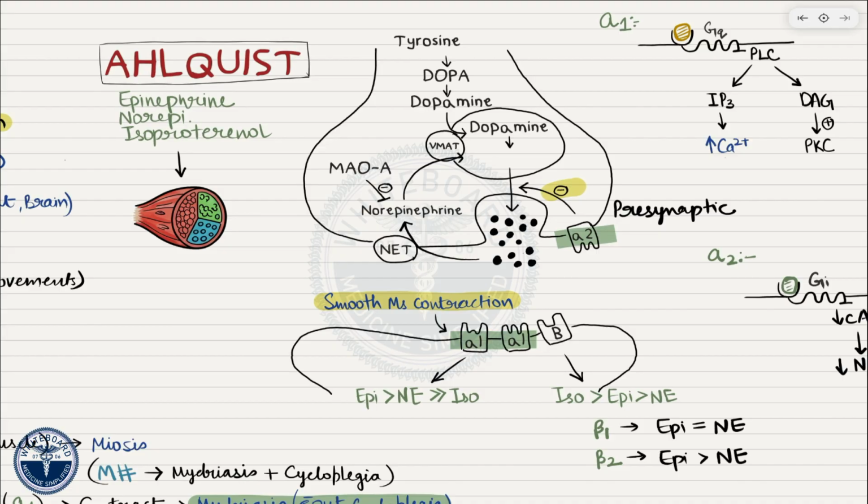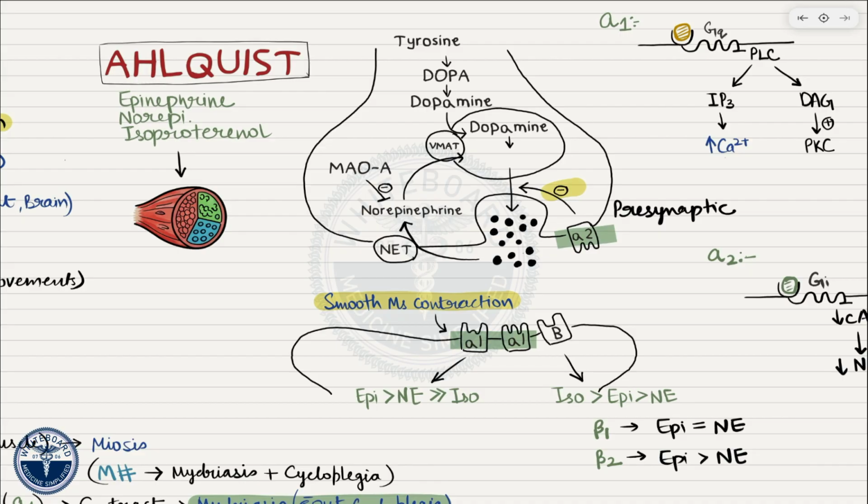As a result, tissues that predominantly express beta-2 receptors are particularly responsive to circulating epinephrine released from the adrenal medulla. Epinephrine is primarily a hormone rather than a neurotransmitter, because it is released into the bloodstream by the adrenal medulla, and norepinephrine is mainly a neurotransmitter that is released from sympathetic nerve endings and acts locally.